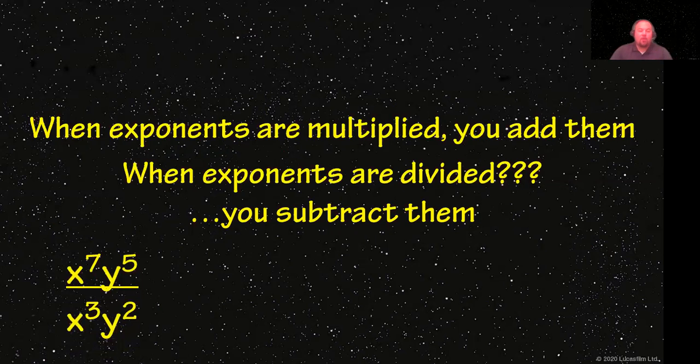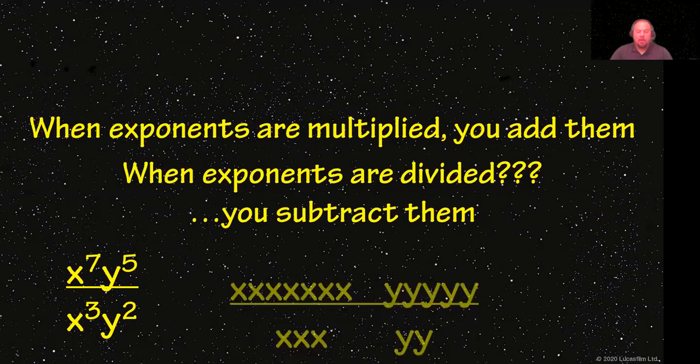So if you see this one here, x to the 7th power y to the 5th power over x to the 3rd power y to the 2nd power, what are we going to do here? On the last one, when we were multiplying them, we just added them up. So here, like it says, we're going to subtract them.